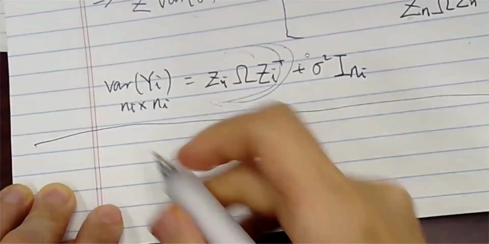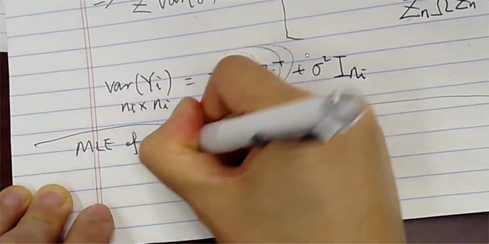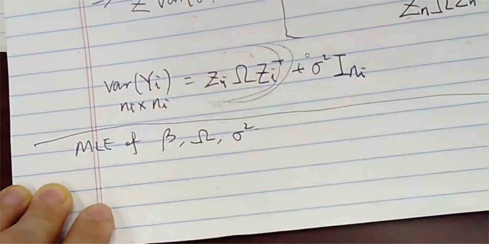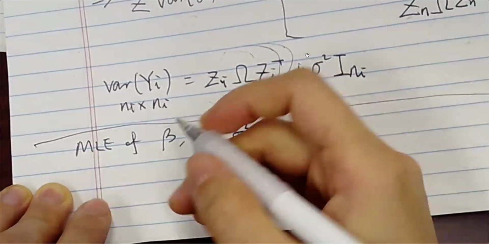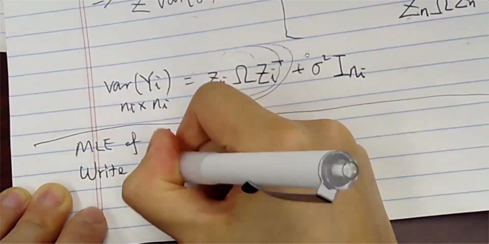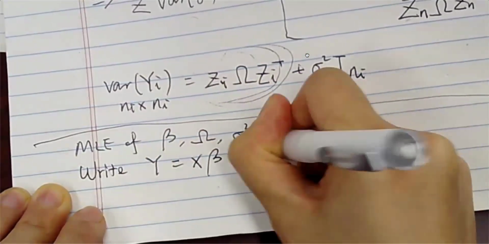Let me quickly say that if I want to do MLE of beta, omega, sigma squared, one way to do it is to write y as x beta plus epsilon star.